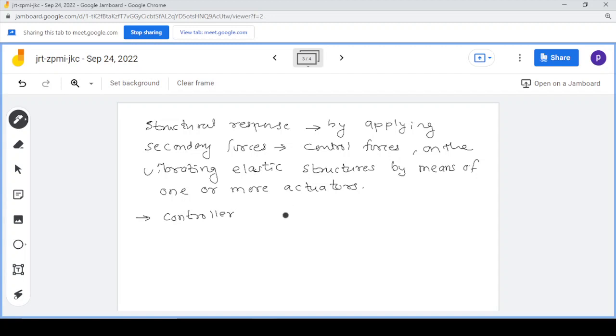So what is the controller? It is basically an electronic component, or we can also call it a microprocessor in modern applications.